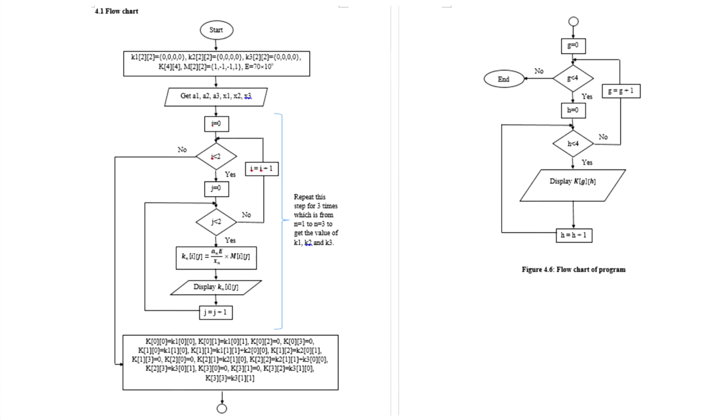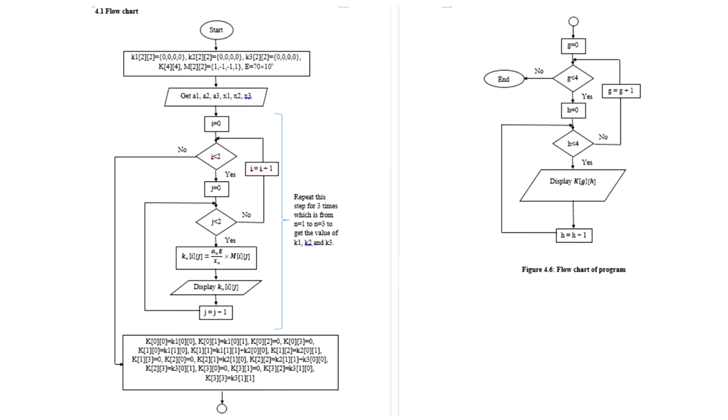For the flowchart, at the beginning we start, and then we declare the k1, k2, k3, and the capital letter K matrix, and E, Young modulus. After that, we need the user to key in the data: A1, A2, A3, X1, X2, and X3.